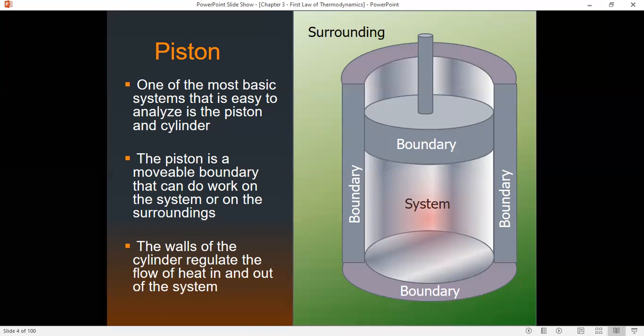The walls of a cylinder can allow heat to go in, can allow heat to go out. And if we want work to go in or out of the system, that movable piston will allow us to do that. So that's why we use a cylinder and a piston for many of these different examples.